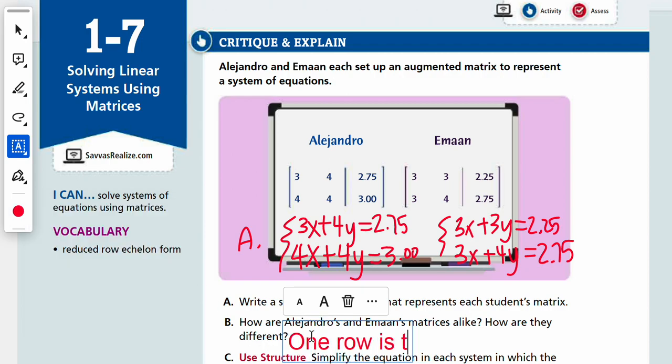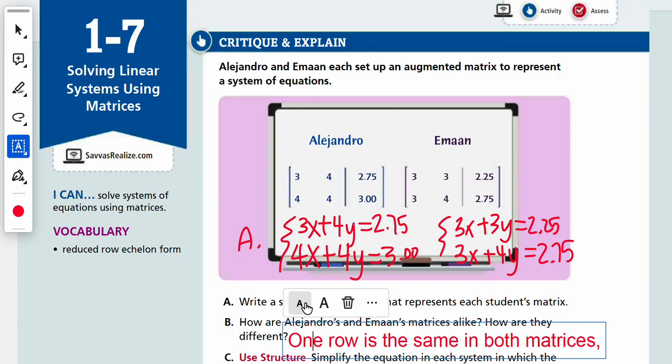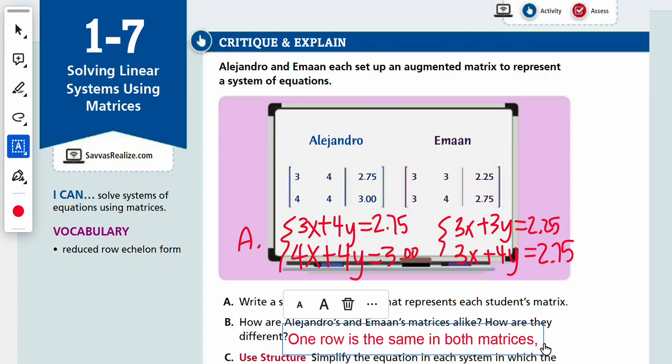One row is the same in both matrices, but its position is switched.